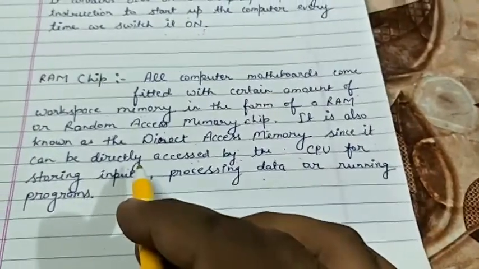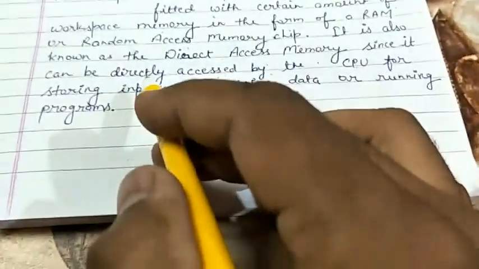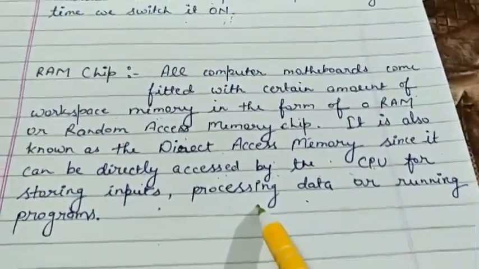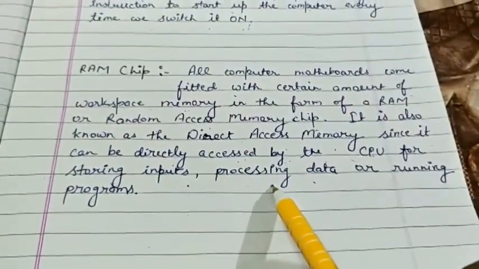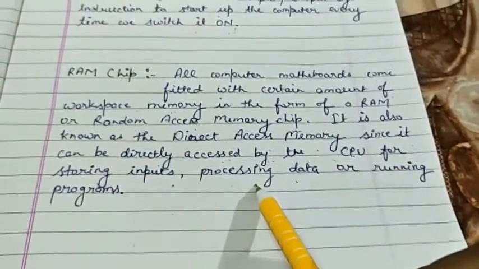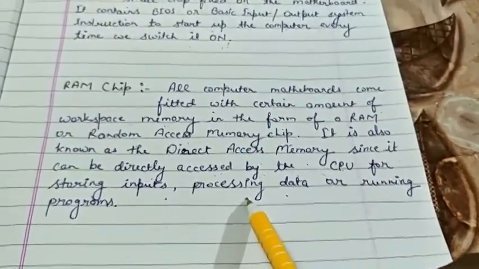If you do not save it and you switch off the computer, in that case all the things done by you in MS Word will be erased. Then next time when you switch on the system, you will not find that work in MS Word. That's why RAM is called temporary memory.